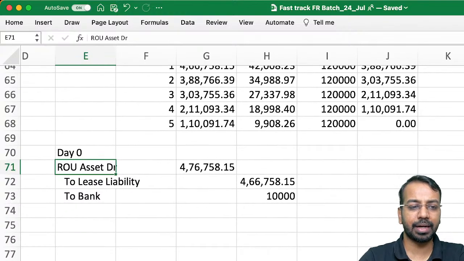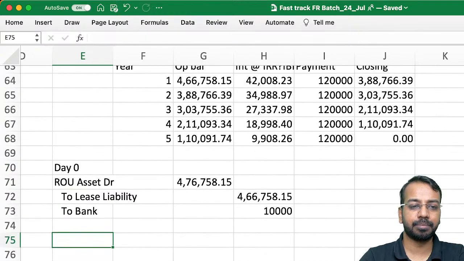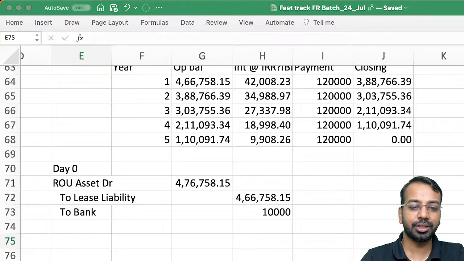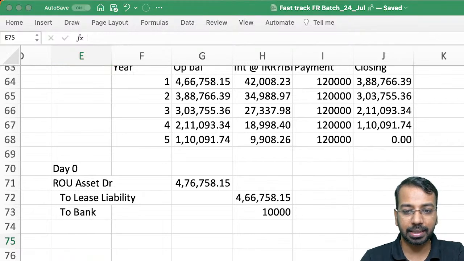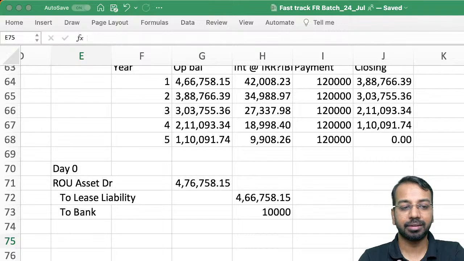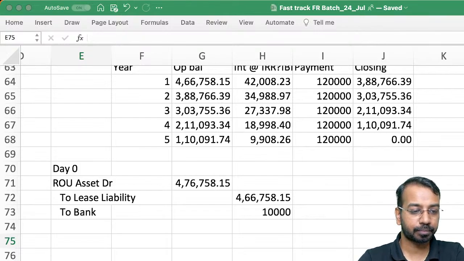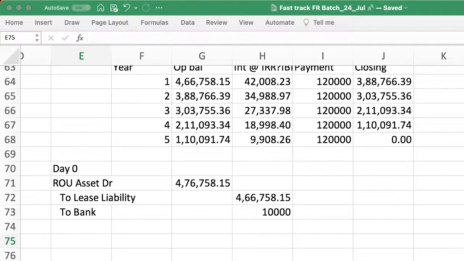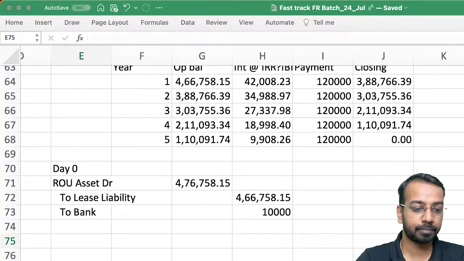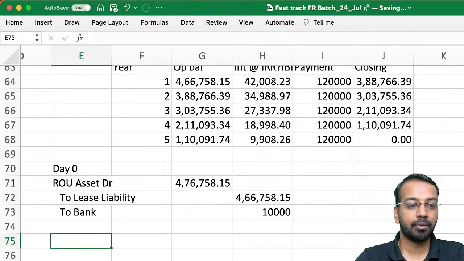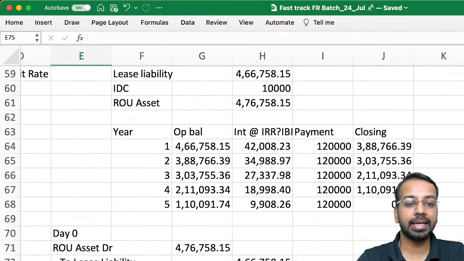Then subsequently, at the end of each year, you would pass an entry recognizing the interest expense and also accounting for the lease liability payment that is done. First entry to recognize the interest expense.